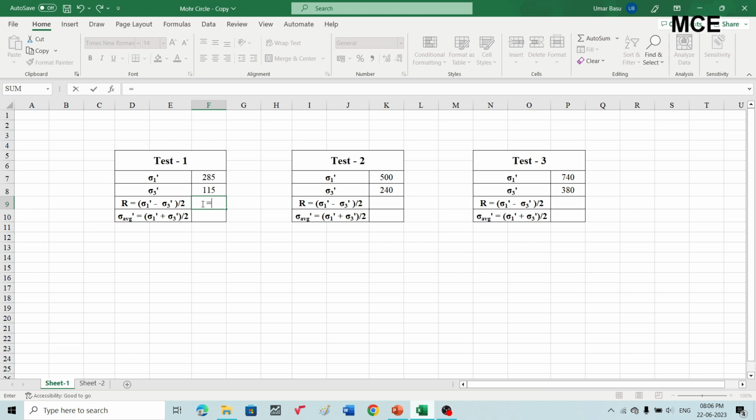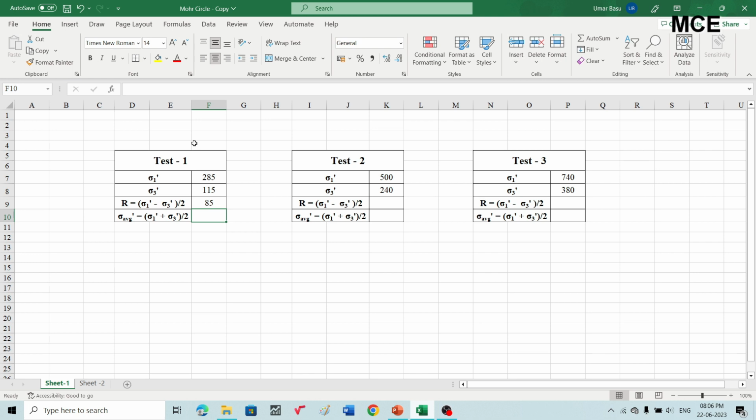Then you will write down the bracket and select the effective major principal stress for the first test, which is 285. And then you will write the minus sign, and then select the effective minor principal stress for the first test, which is 115. Then close the bracket, divide it by 2 and press enter, and you will get the radius for the first test.